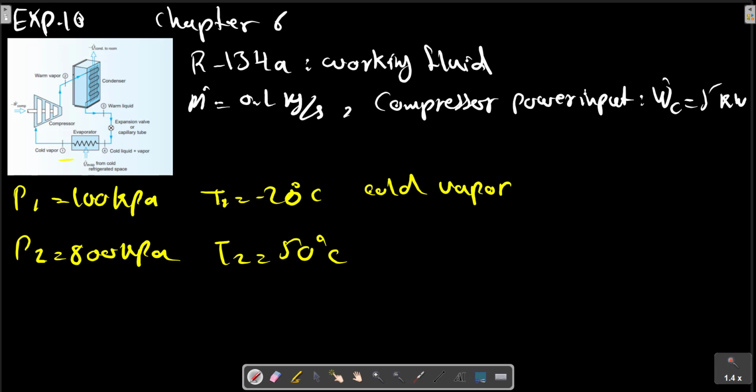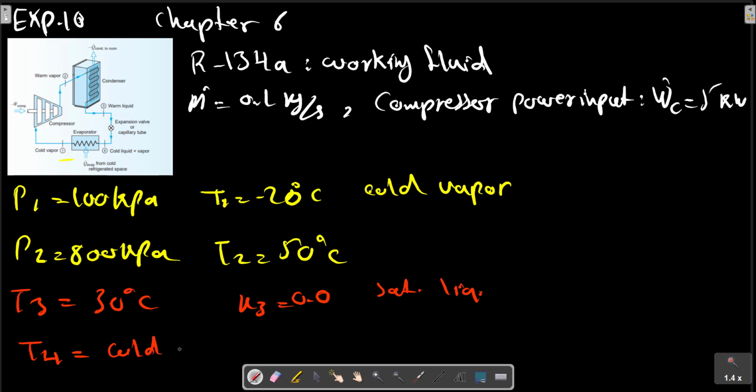Point 3, saturated liquid, and T4, after expansion and entering the evaporator, cold liquid, minus 25 degrees centigrade.